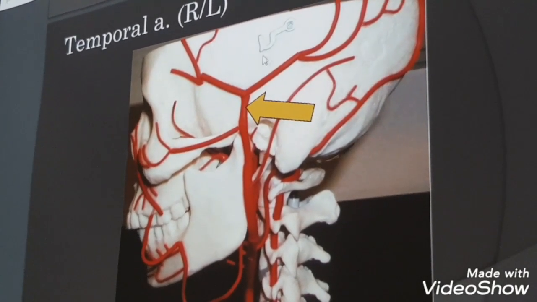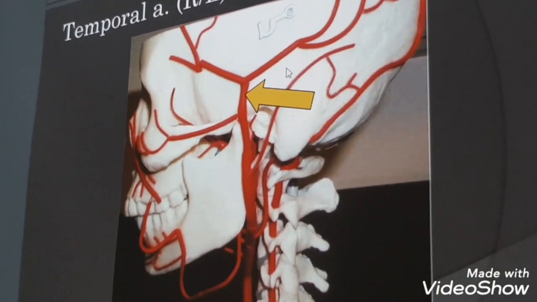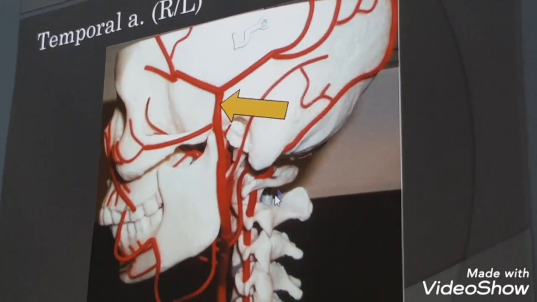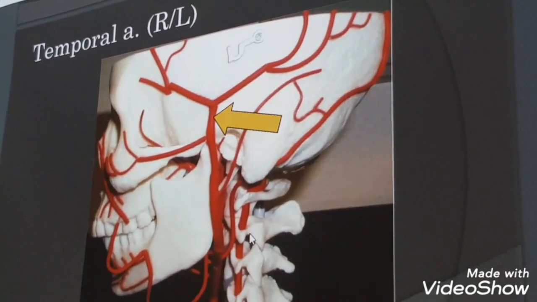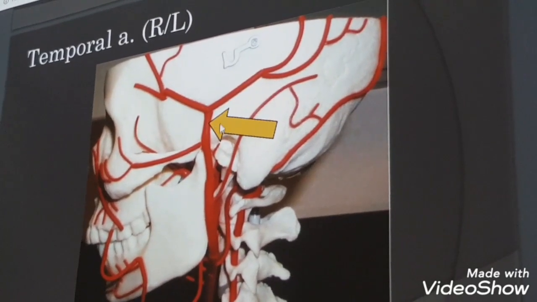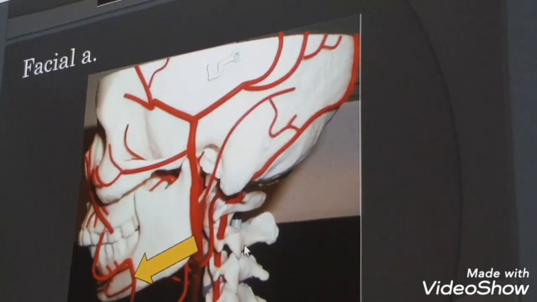Remember the bone that you learned around the cranial bone? It was also called temporal. So lucky for us, a lot of these arteries are going to be named for landmarks in that same region. So that's the temporal artery.